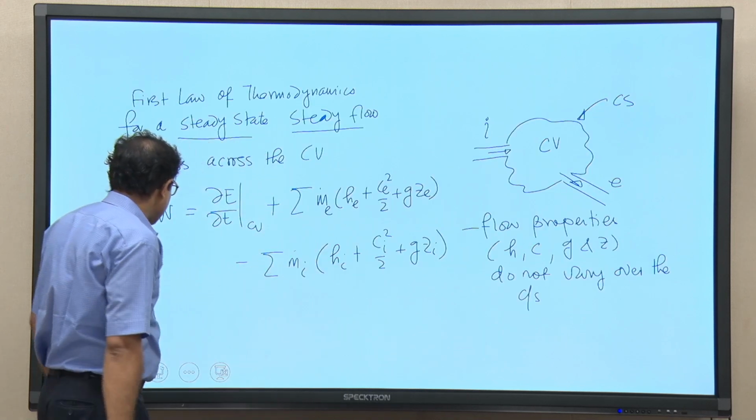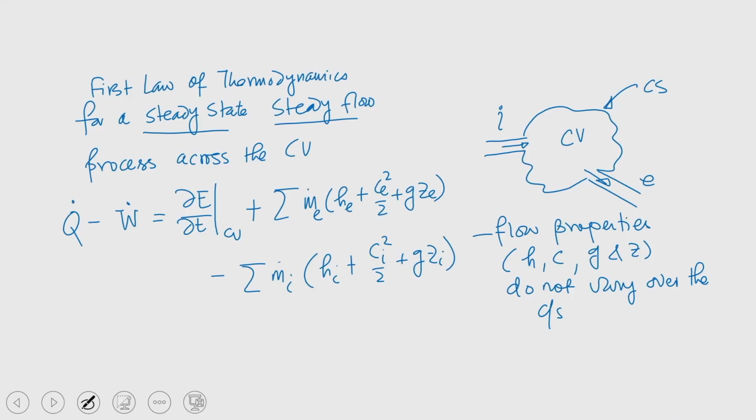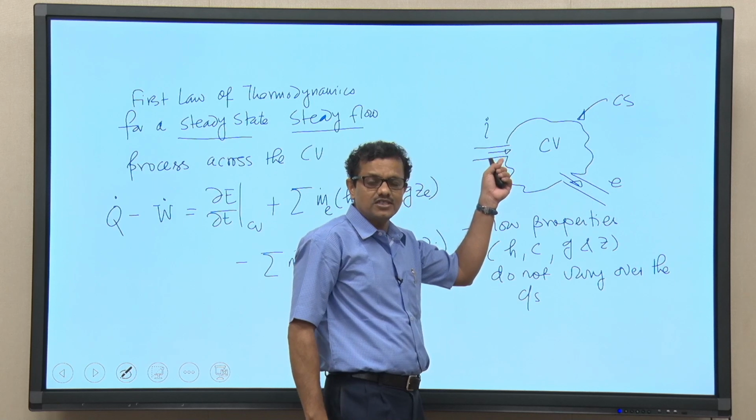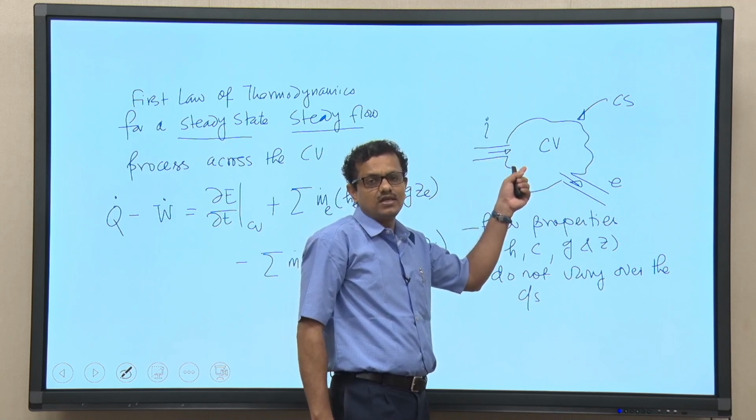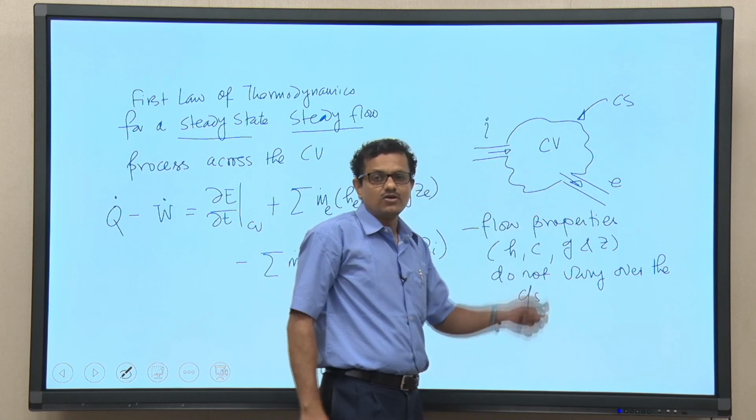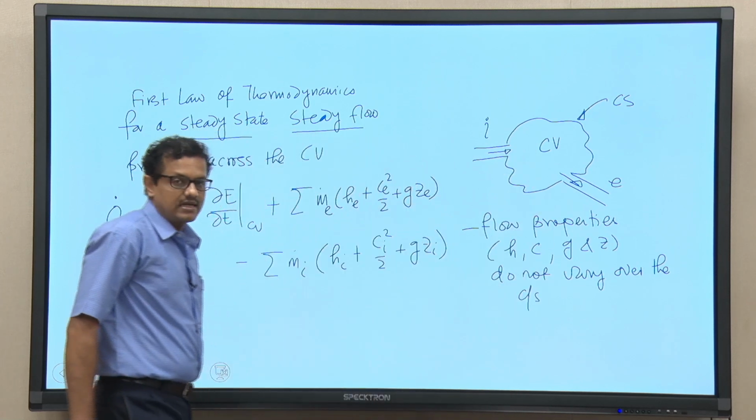Just by rearranging we can take W dot to the right hand side, but one important assumption is that the flow properties do not vary over the cross section through which flow is either entering into the control volume or getting out from the control volume, that is at E.